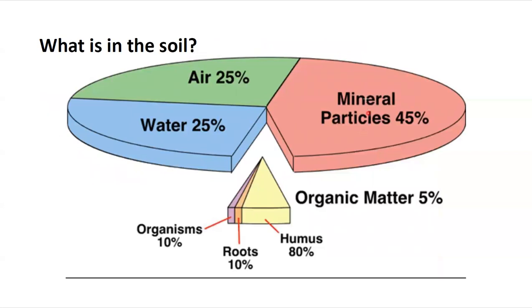So if we dive a little bit into, we already talked about the mineral particles. We also want to look at that organic matter content. Okay, so a total of 5% is organic matter of the total soil profile.